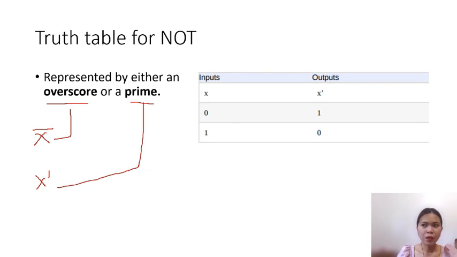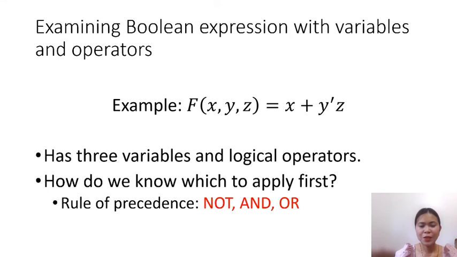Ibig sabihin, we can actually try to express Boolean expressions. When we say Boolean expression, we are trying to express a combination of variables and multiple logic operators. So let's try to examine a Boolean expression with variables and operators. I have an example here.